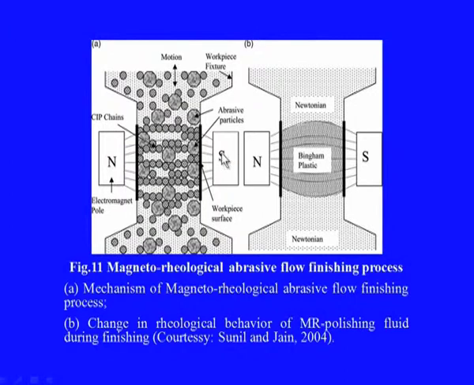Under the action of this magnetic field, these carbonyl iron particles form some sort of chains like this, which embrace the abrasive particles and make them abrade more with more force on this workpiece surface. This causes better surface finish on this work surface.